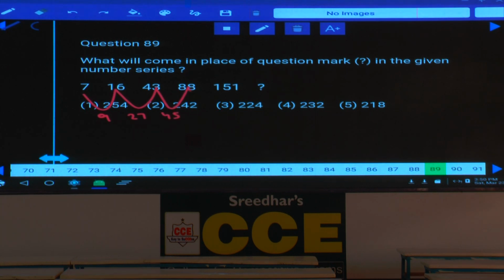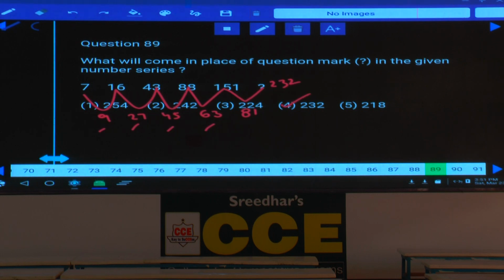And next one, 88 and 151, the difference between these two is 63. Then what are these numbers? 9, 27, 45 can be written as 9 into 1, 9 into 3, 9 into 5, 9 into 7. Odd multiples of 9 are added. And the next one, how much should be added here? 9 into 9, that is 81. If you add 81 to this one, 151 plus 81 is 232, choice 4.